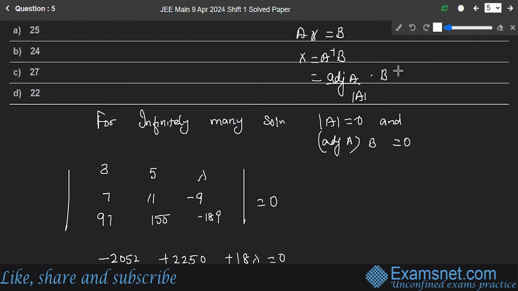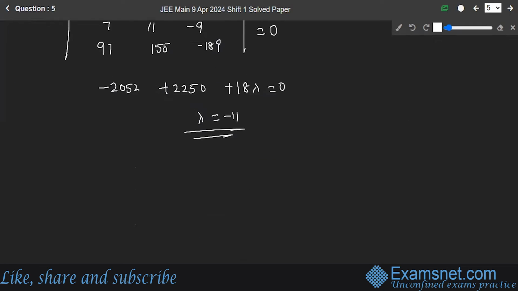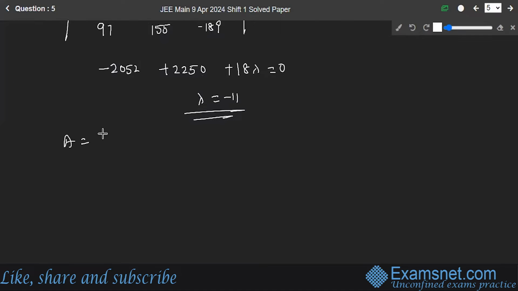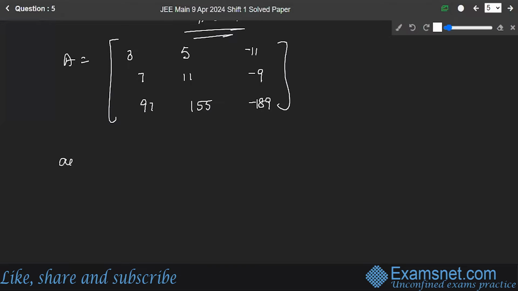Now let's go on to find out the adjoint of A. And what is your A matrix now? A matrix was 3, 5, minus 11, 7, 11, minus 9, 97, 155, and this. Now adjoint of A will be given by, I'm going to rewrite it. I'll be skipping this: 11 into minus 189 plus 9 into 155. That will give you on solving minus 684.